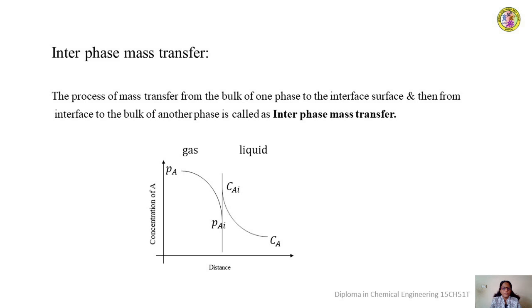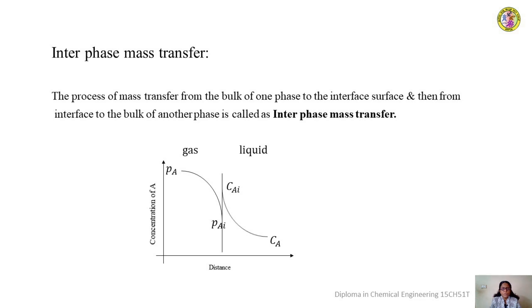That is what we need to achieve in a mass transfer operation. So when the two phases are brought into contact for that purpose, there is a transfer of mass from one phase to another.